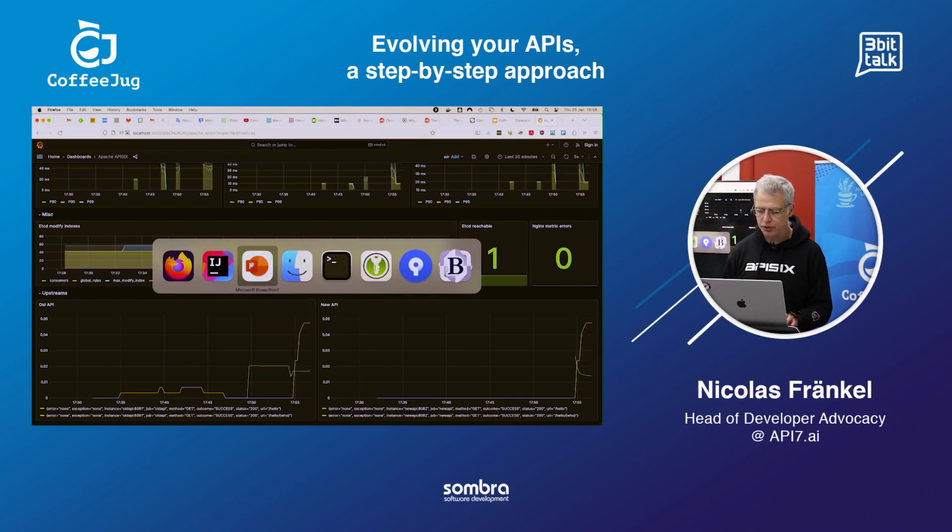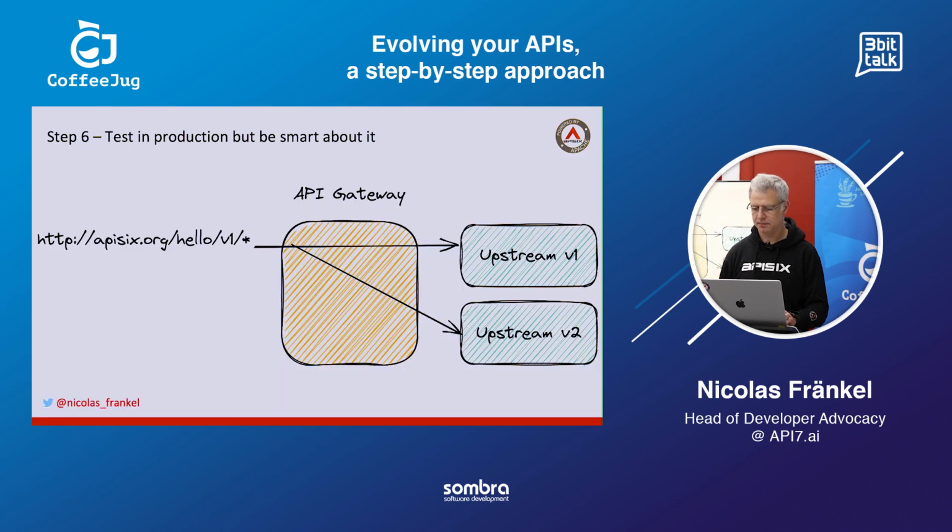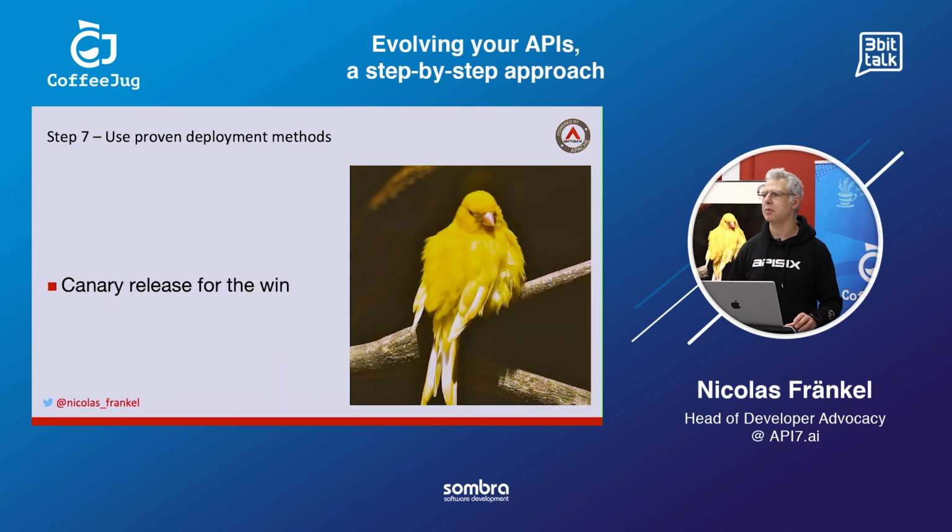But as I mentioned, normally before deploying, you would do canary release. Everybody knows about canary releases? Yes. So let's do canary release. There are multiple ways to do canary release. It can be based on IP, on geographical location, on header, on whatever you want.